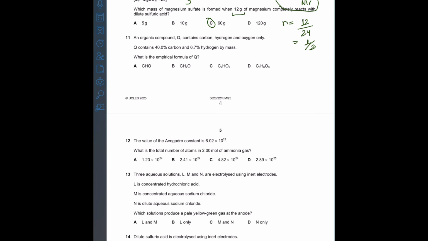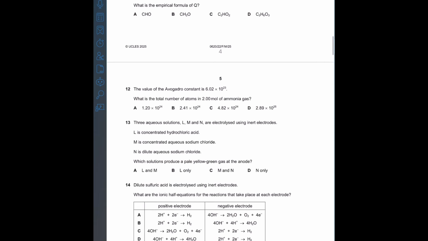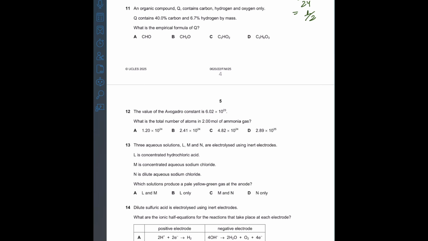We got an organic question. Not a real organic question, it's basically the empirical formula one. So question 11 is straightforward, the same method we have been using for the calculation for this formula. So we get the mass. What is carbon?